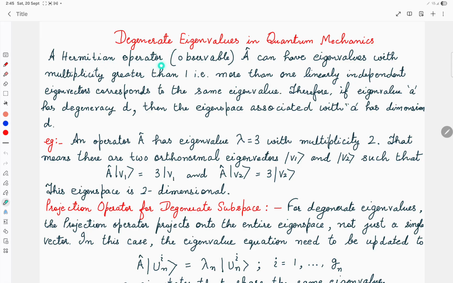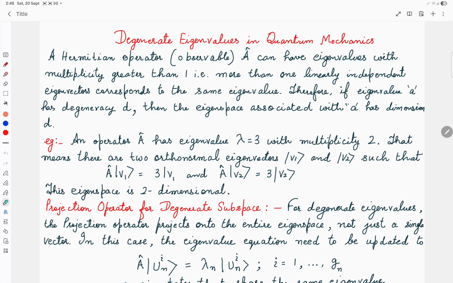When we measure the quantum characteristic or property of the quantum system, since the operator is Hermitian it will have real eigenvalues, and therefore the measurement outcome will also be real. So that is the condition for an observable, so that we can do the measurement. A Hermitian operator A, which is basically a matrix, will have eigenvalues.